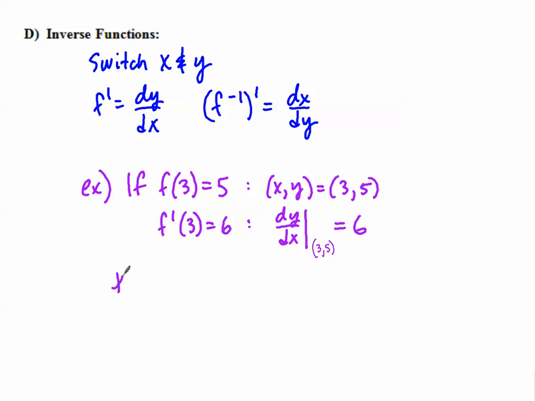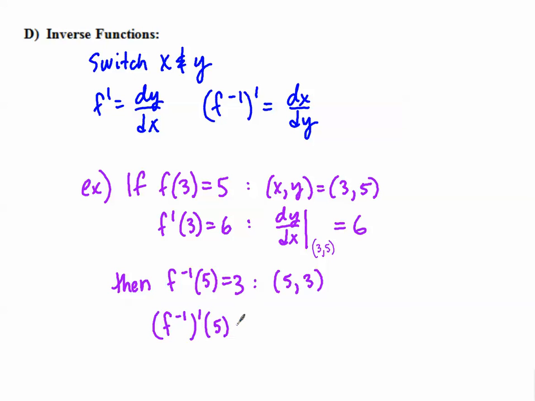Well, if that's the case, then let's talk about the inverse. F inverse at, switch the x and y, so at 5 will be 3. So that means the point on the graph is 5, 3. If I take the derivative, f inverse prime of 5. Well, remember, we flip over the dy dx to get dx dy.